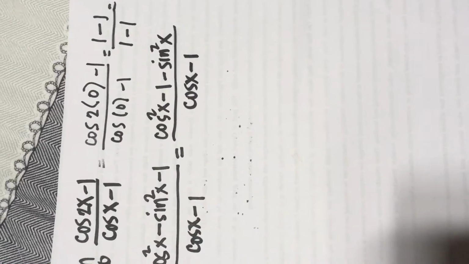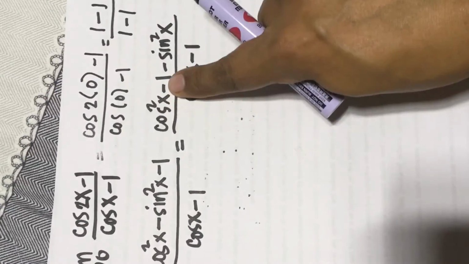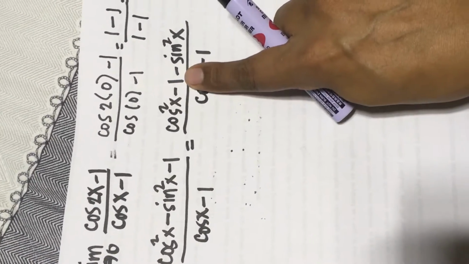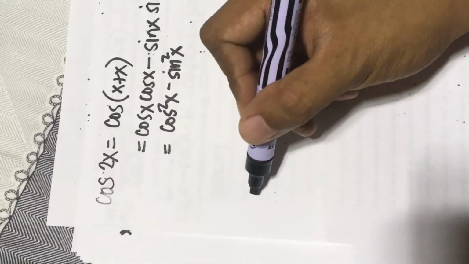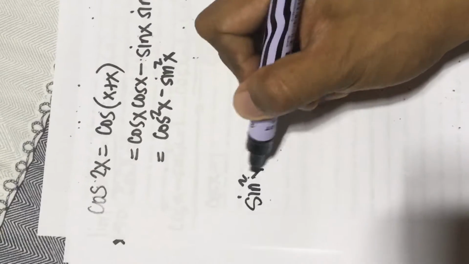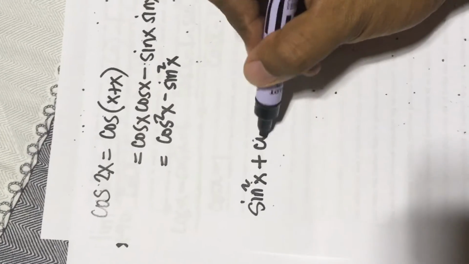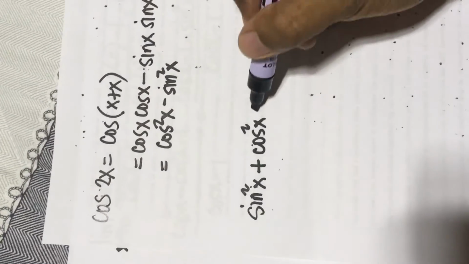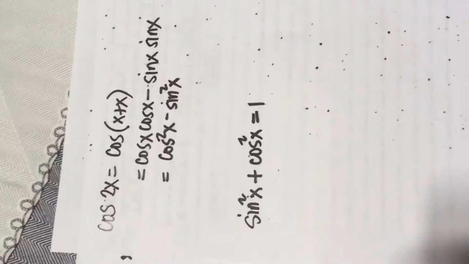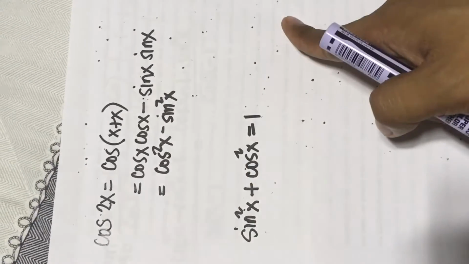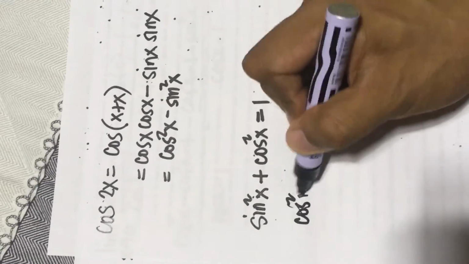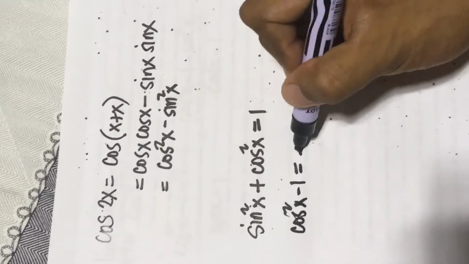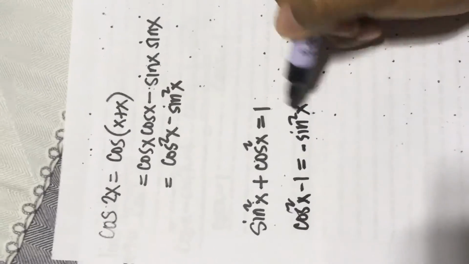We can still have this cosine squared x minus 1 is still an identity, because in our Pythagorean identity, sine squared x plus cosine squared x is equal to 1. Okay, transpose this sine squared x on the right side and this positive 1 on the left side. We have cosine squared x minus 1 is equal to negative sine squared x.